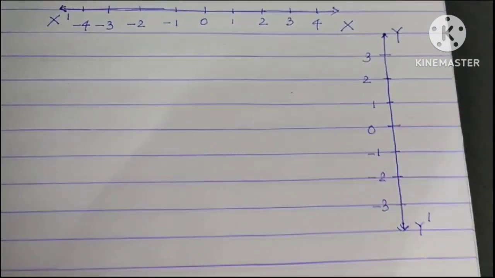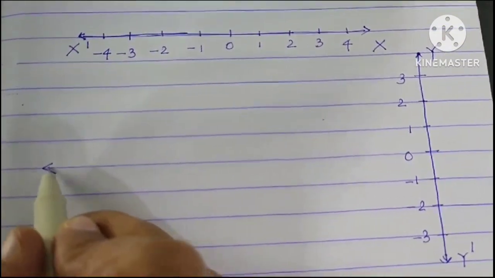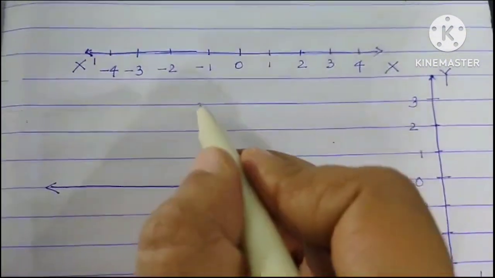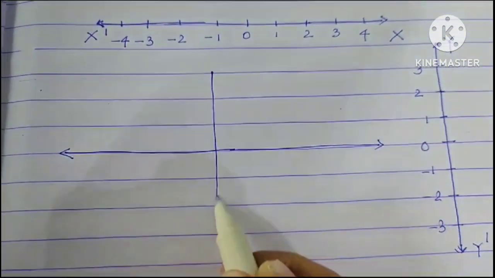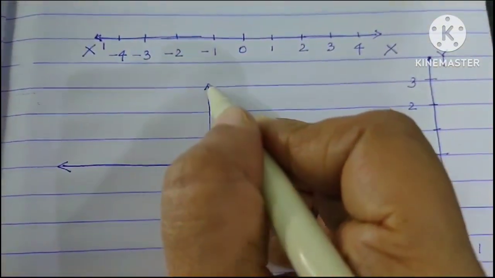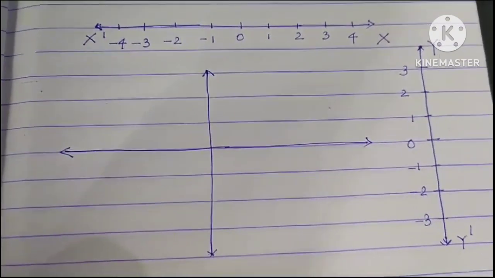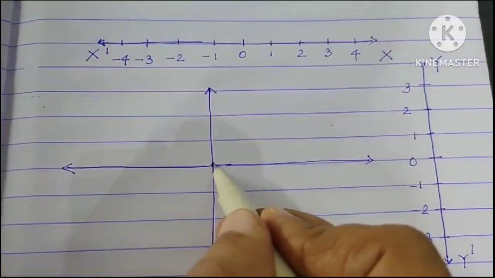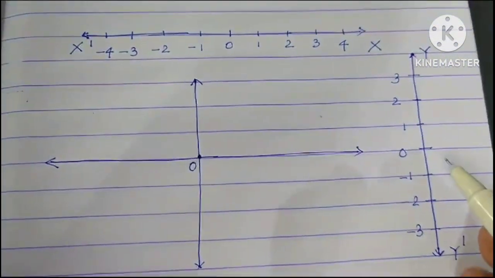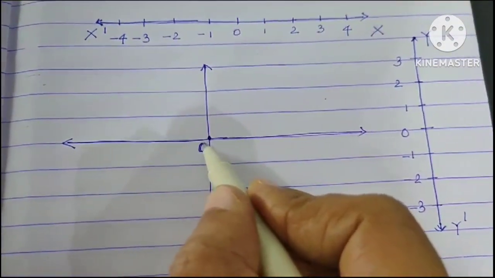These two lines are perpendicular to each other. And what we do, we combine these two lines in such a way that the two lines cross each other at this junction, which is called the origin. So we place them like this, so that this will be the origin.